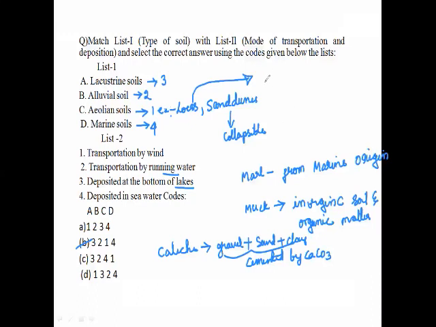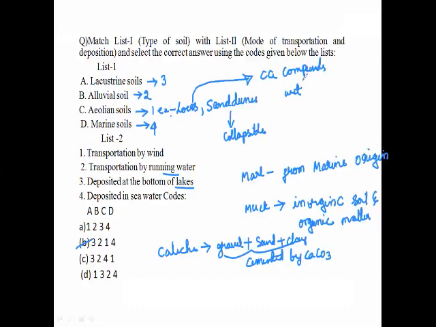It means that it's a collapsible, uniformly graded soil blown by the wind, and it also consists of some calcium compounds. And when it is wet, it loses its cementitious property, because calcium is the one responsible for the binding.